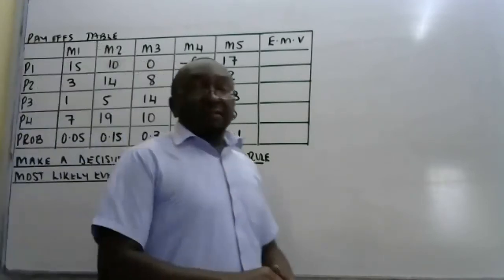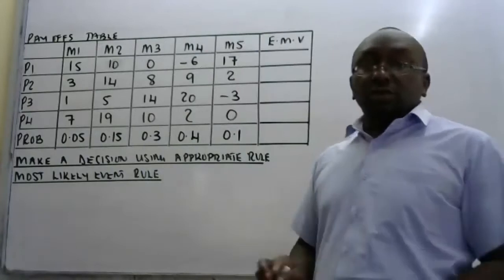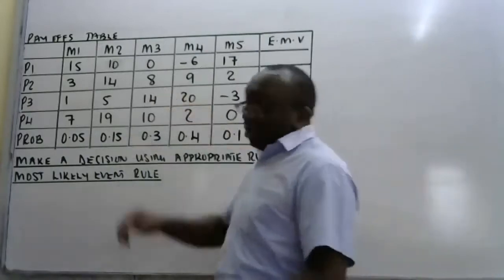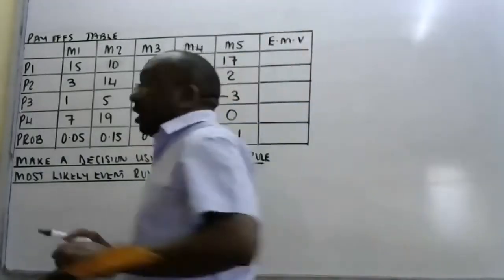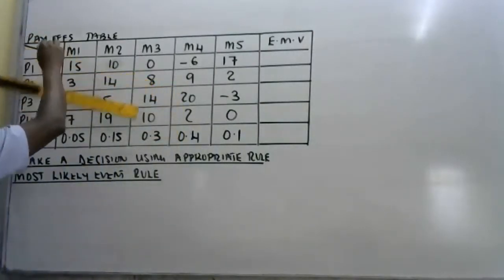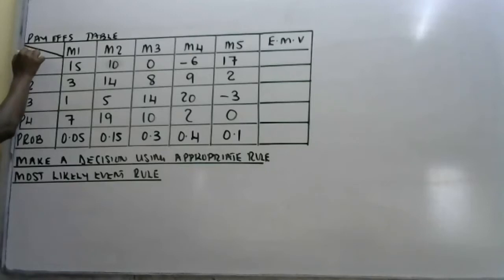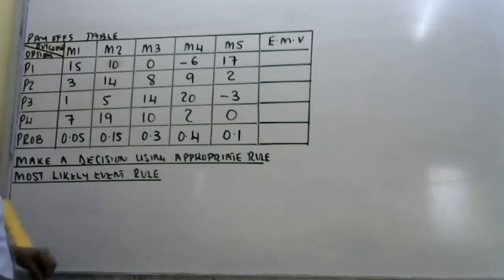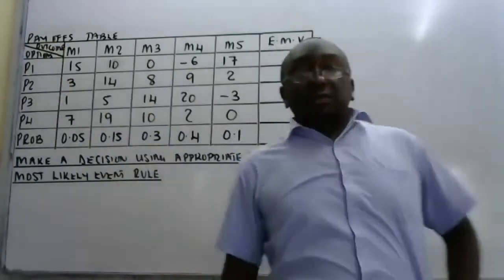So this most likely event rule is used where the names of options and outcomes are the same. These ones are the options, and these ones are outcomes.